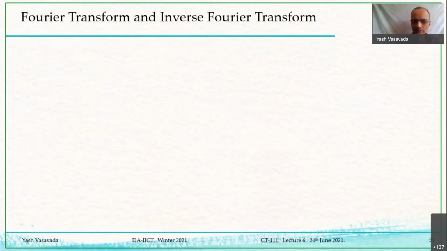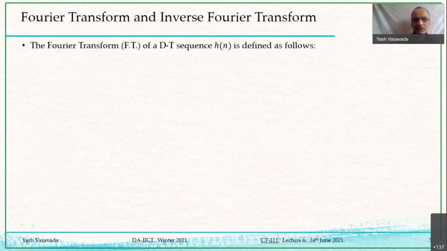Okay, so we have already defined the Fourier transform and inverse Fourier transform, but let us recap the definition one more time. If I have any discrete time sequence h of n or x of n, its Fourier transform is defined like this.